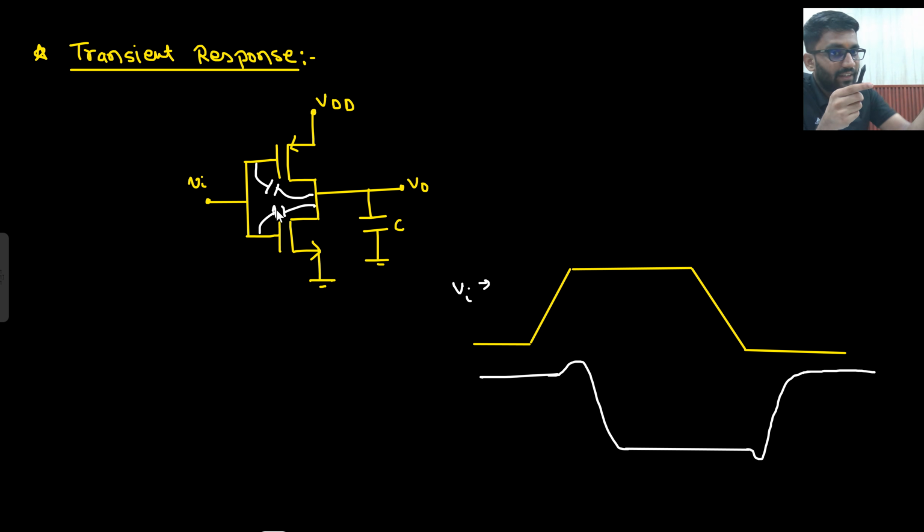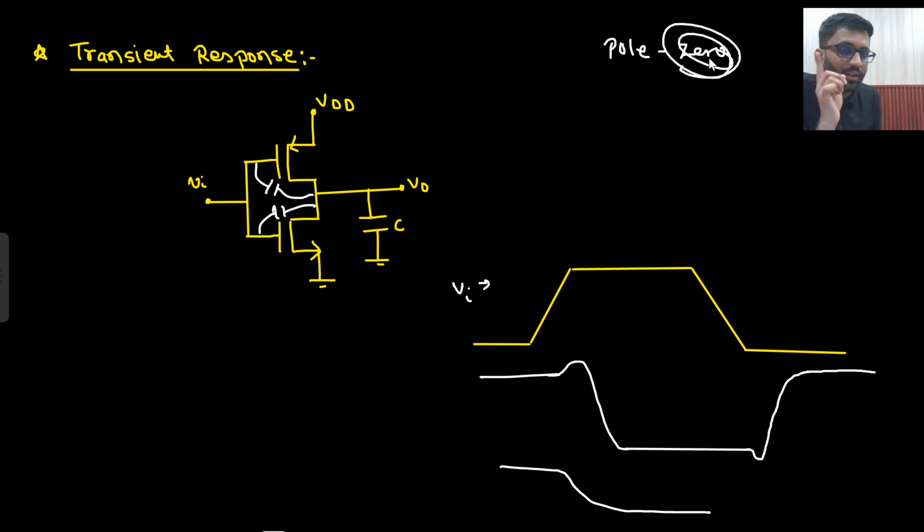But when I told you that this is driving some current, so a pole and a zero will be there. And because of the zero, this shoot is there. It was expected to go like this. But since the CGD cap is available, because of it a zero will be there. What do I mean by zero? I am talking about the pole-zero. That zero I am talking about, okay? Because of that zero, you will see a bit of shoot, then downward you see a shoot, and then it will go.